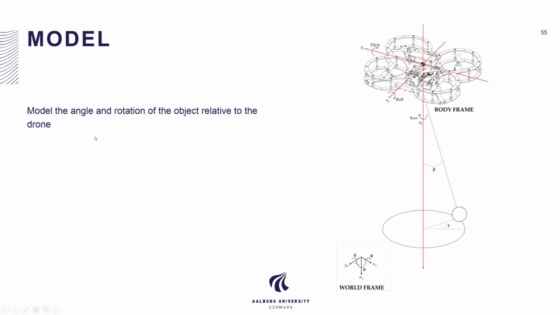The next thing we did was that we developed a model. The model models the angle and rotation of the object relative to the drone, as you can see in this figure over here. So beta is the angle, and gamma here is the angle relative to the yaw of the body frame.